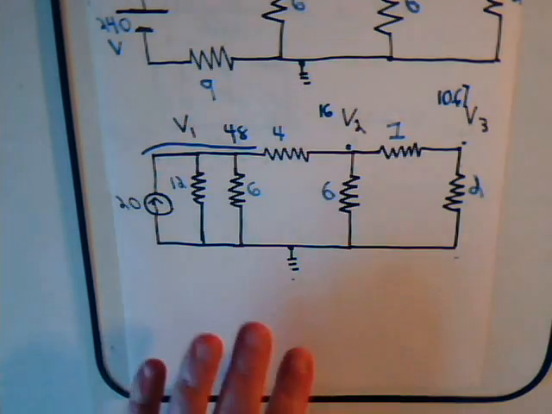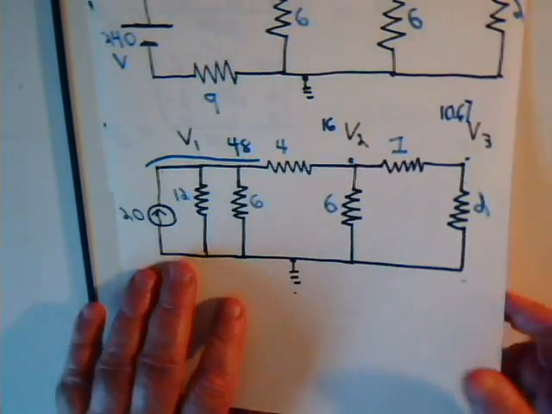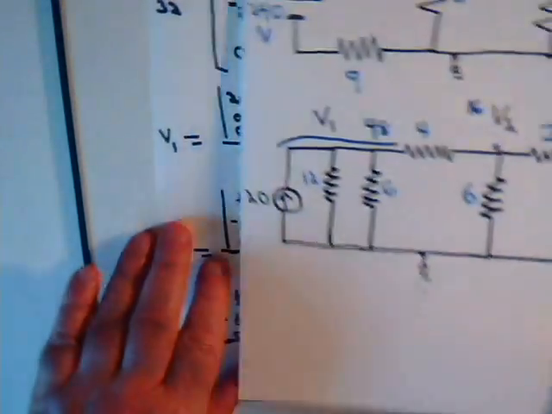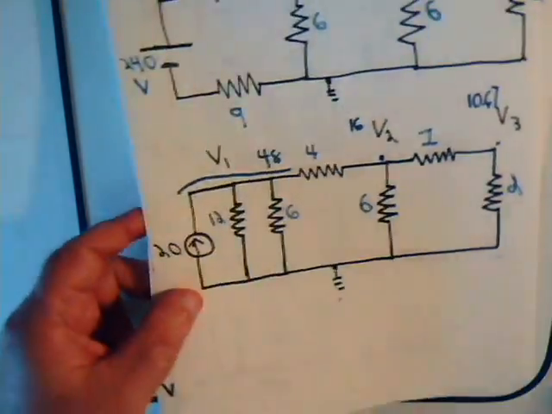Okay, now what we want to do is go back to our original circuit and analyze it using the mesh current technique. We're not going to have time to do that in this video, so come back and join us in the next video and we'll finish off the rest of the problem, and then we'll determine the currents in the resistors and compare the two results.